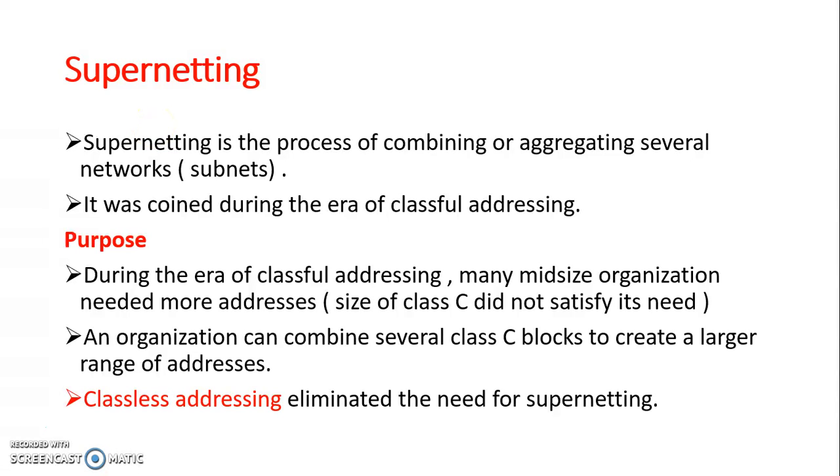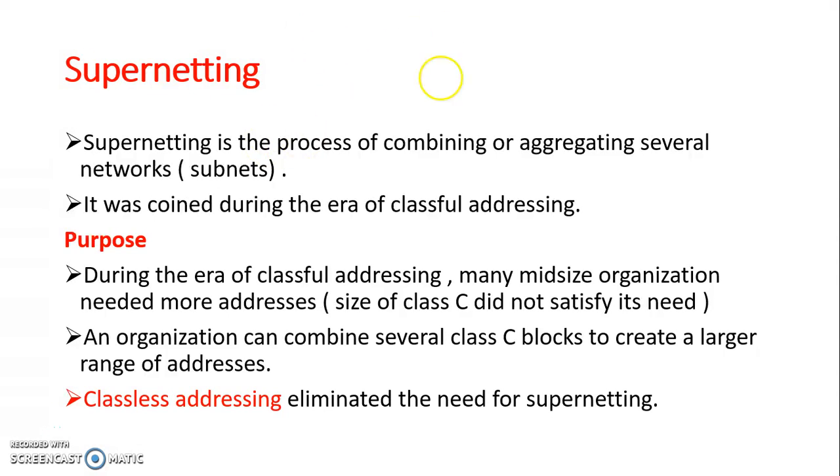That is, we are not using this technique in the modern internet because of replacement by classless addressing, which has subnets as well as prefix notation called CIDR, which we will discuss in the forthcoming slides. This term was coined to describe the act of combining multiple classful networks.